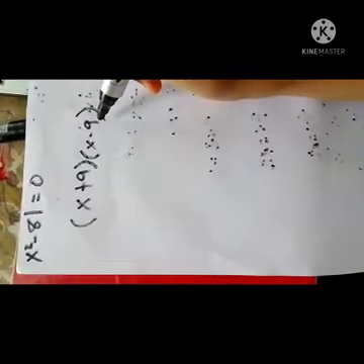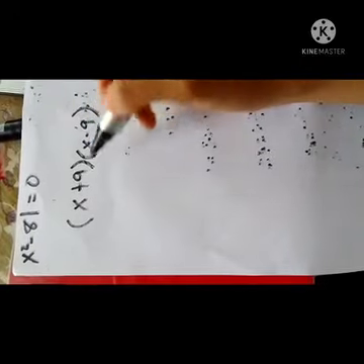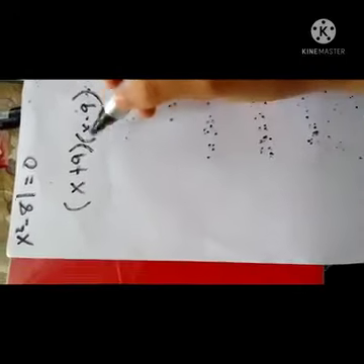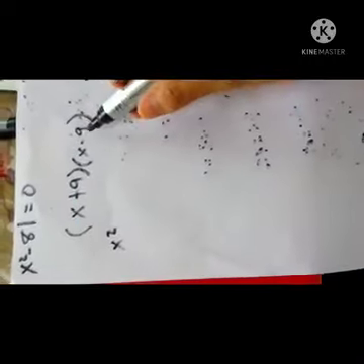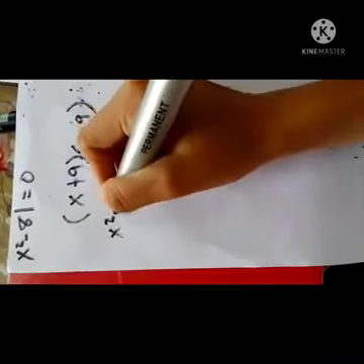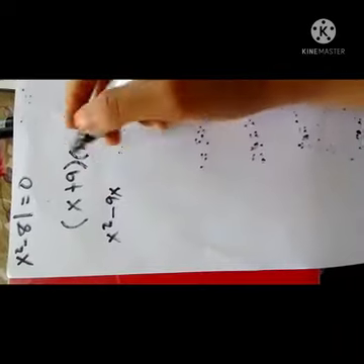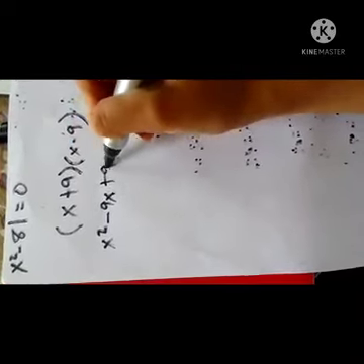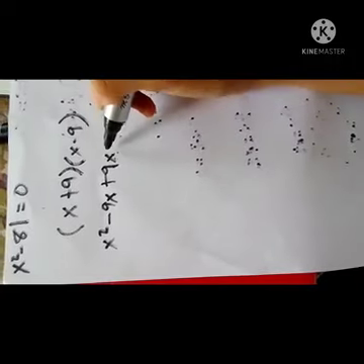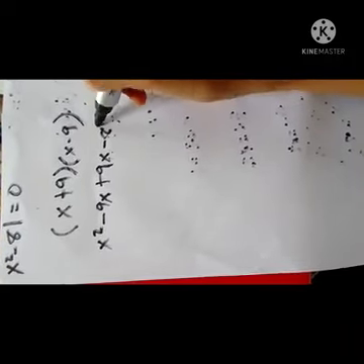9 times 9 is equal to 81, and x times x is equal to x squared. x times negative 9 is equal to negative 9x. Then 9 times x is equal to positive 9x. Then 9 times negative 9 is negative 81 equals 0.